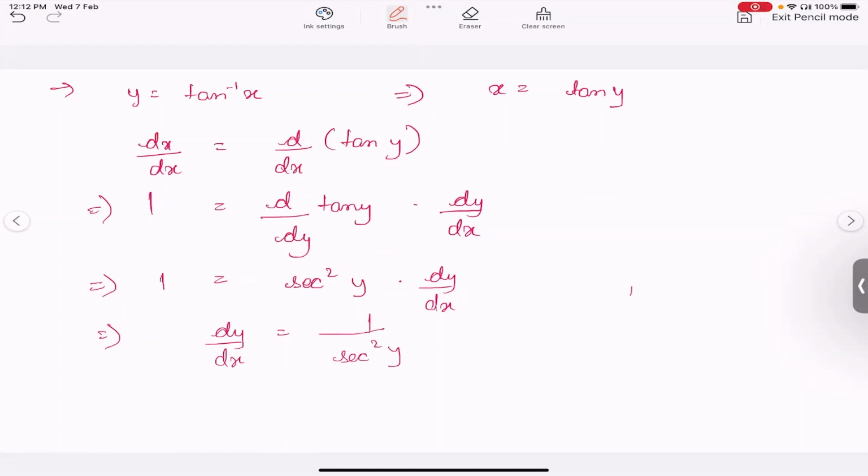And we already know this identity we have learned from the trigonometry chapter, that 1 plus tan square y will be equal to sec square y. So we will substitute it with tan square y, and we already know x is equal to tan y. So this can be written as this. So this is our derivative of tan inverse x with respect to x.